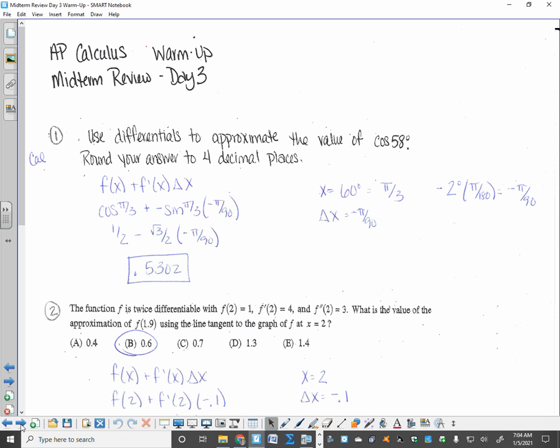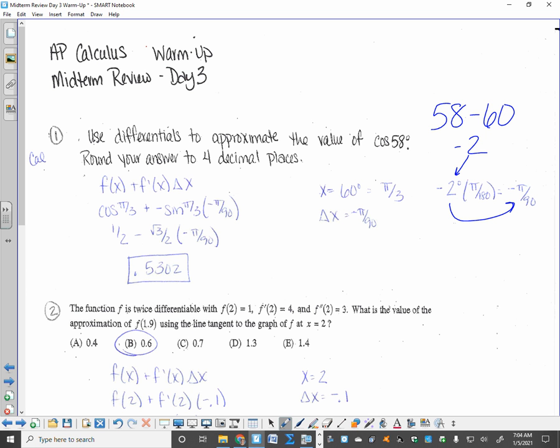I'm going to times that by pi over 180 to turn that into radians, and that's going to give me negative pi over 90. And that is my delta x. That is what I want, which is the 58 degrees, minus what I know, which is the 60 degrees. And that's what gave me the negative 2. And then I turn that into radians.